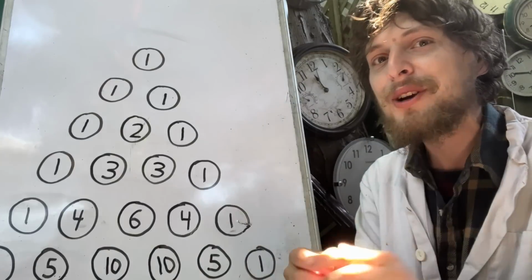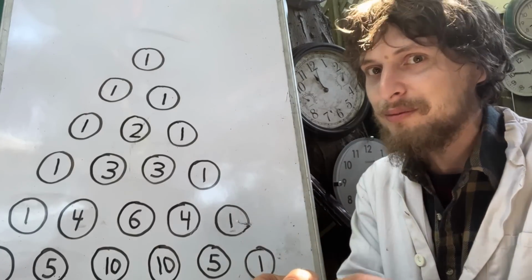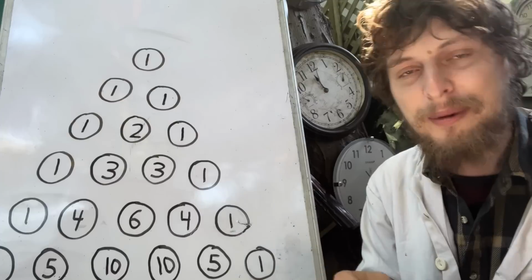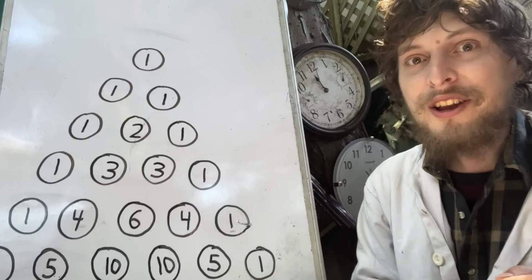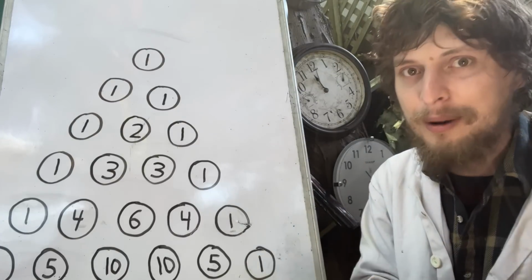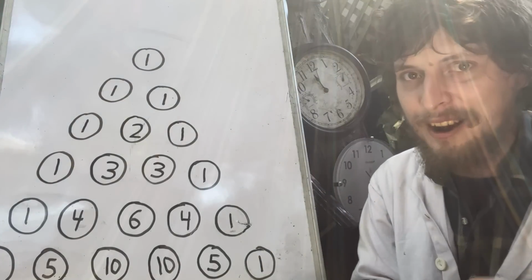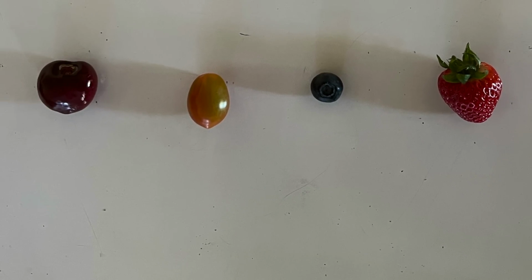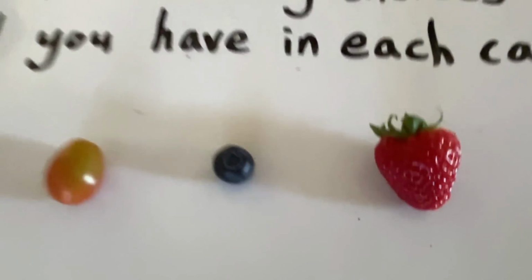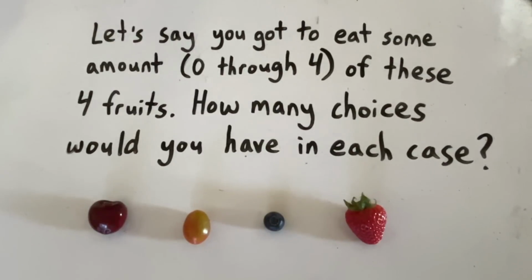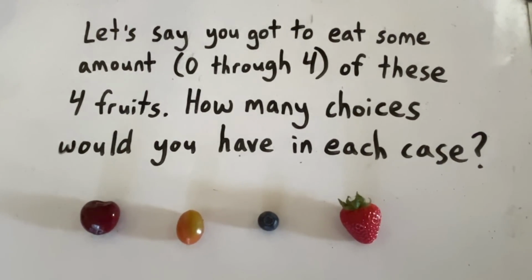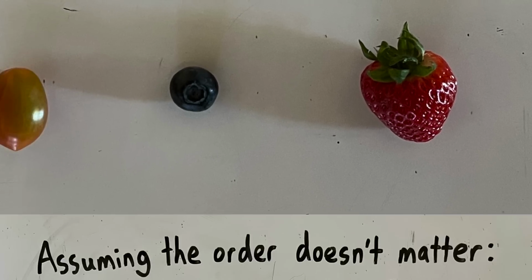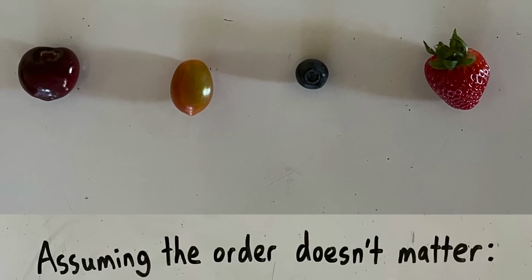And the binomial coefficients have another really cool connection. They also turn out to describe the amount of ways you could select items out of some set of items. Let's say you had these 4 types of fruit and you were allowed to choose some amount of them, and you wanted to know how many different ways you could select some amount of these if the order you selected them didn't matter.